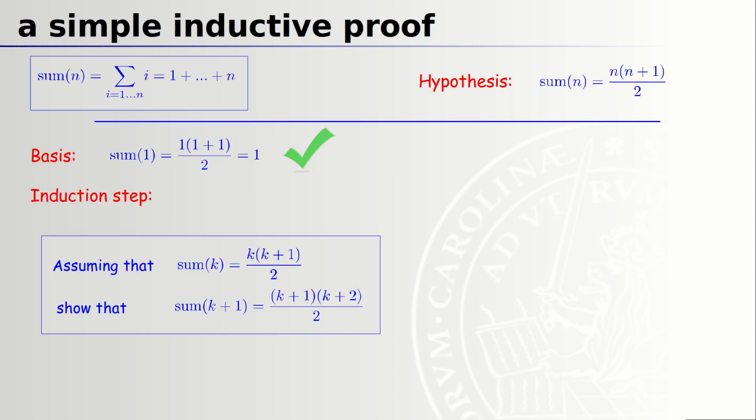Now the induction step consists of showing an implication, an if-then statement, namely the implication that if the hypothesis were true for k, then it would be true for k plus 1.